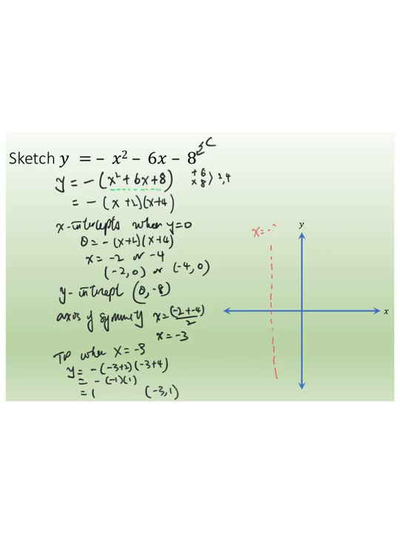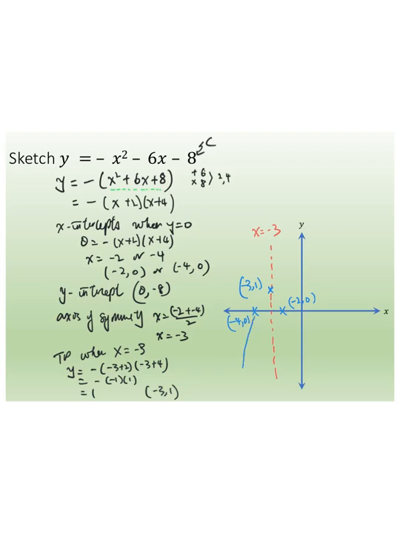X equals minus 3. Now we know that the turning point is (minus 3, 1). And we know the two roots here, (minus 4, 0) and (minus 2, 0).